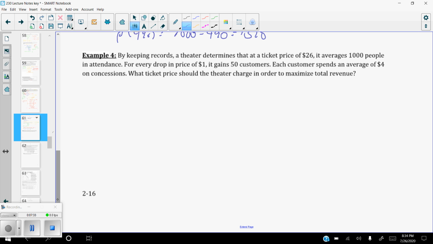All right, so let's go ahead and figure something out here first. First of all, the revenue is going to be made from not only the tickets, but also from the concessions. So it's going to be the revenue from the tickets plus the revenue from concessions.